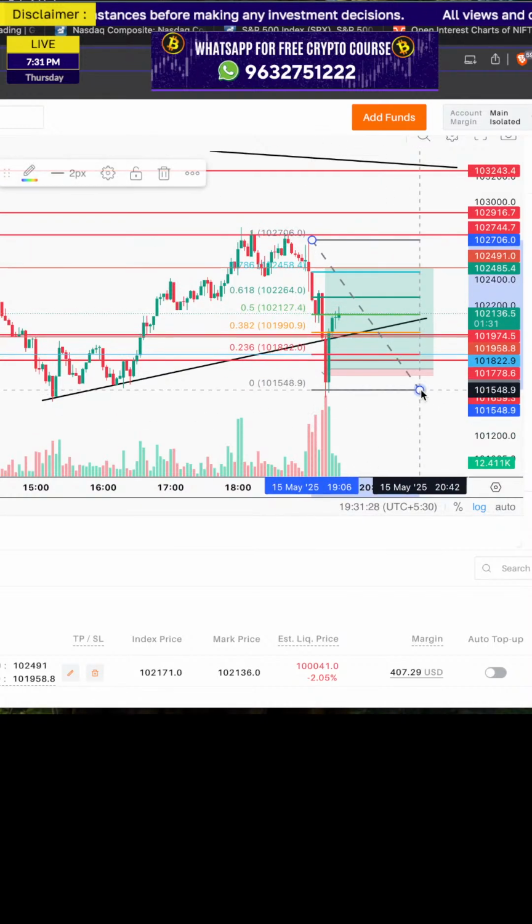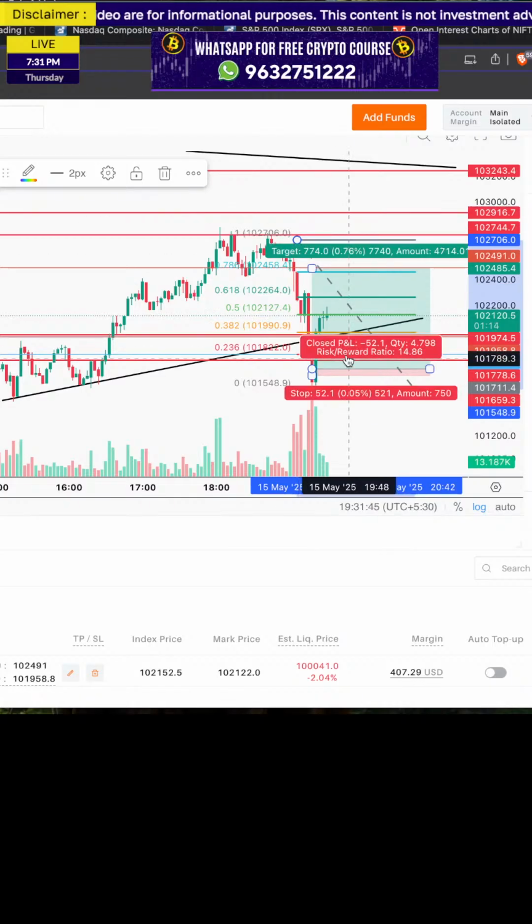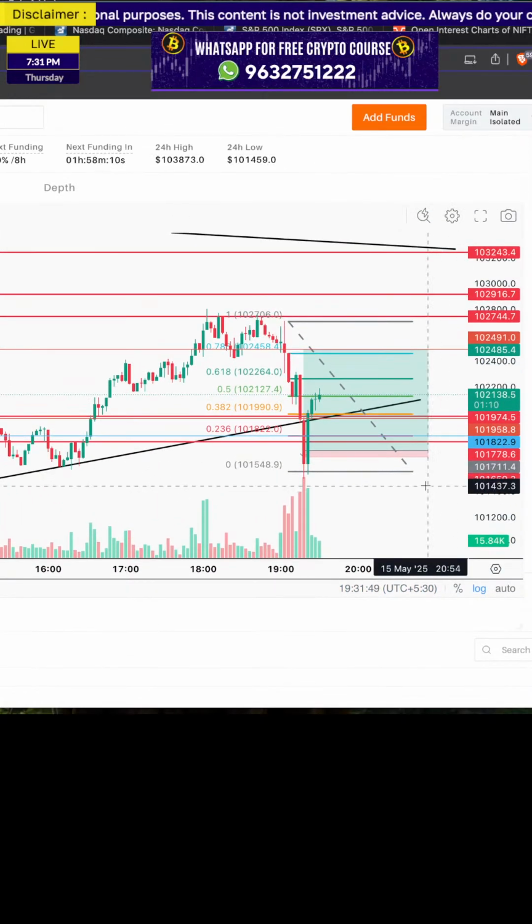The main reason why I'm looking at this zone is this area. This is a pullback zone. From here, if the market corrects, I will end up in trouble, so I don't want that. If the trend is continuing, let it continue from the zone itself, or else the $27, $28 profit, whatever is there, I will take.